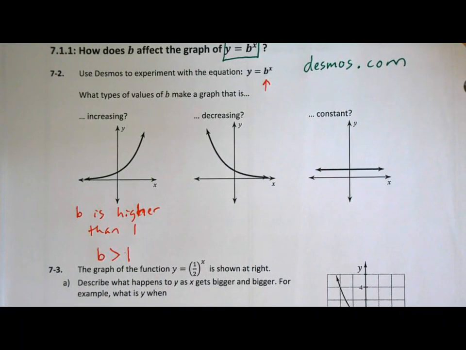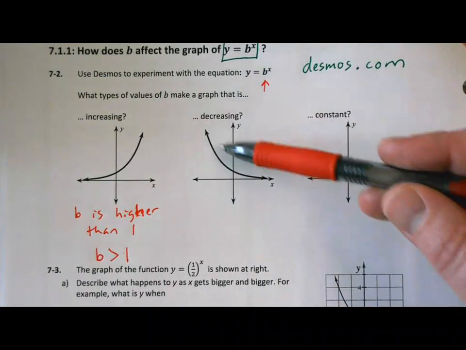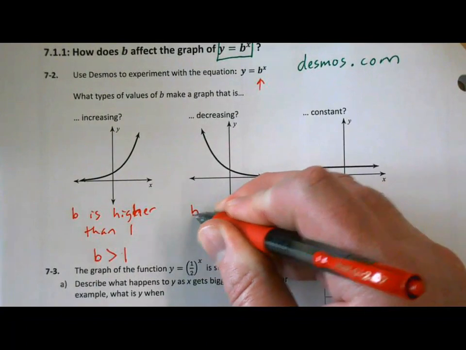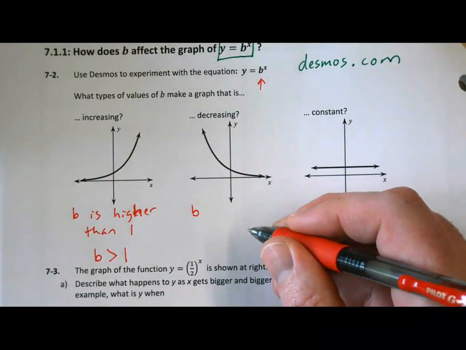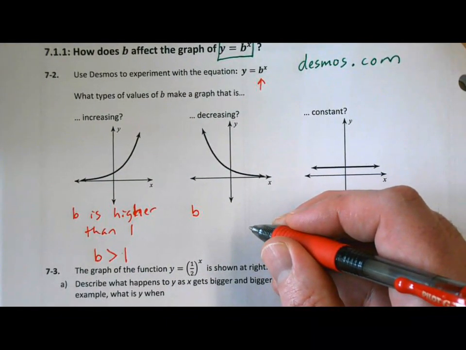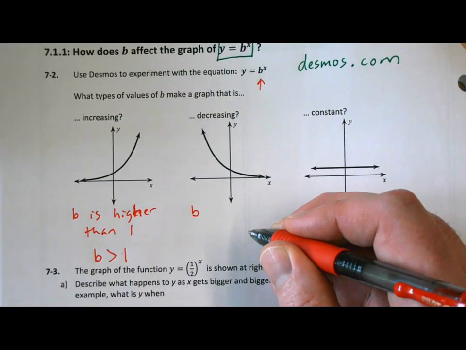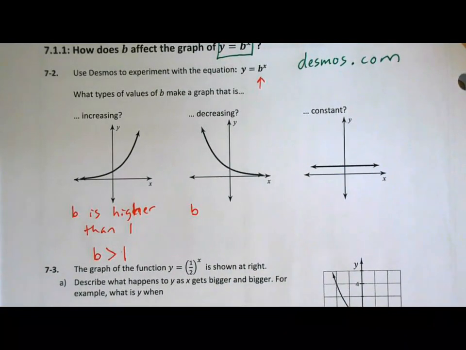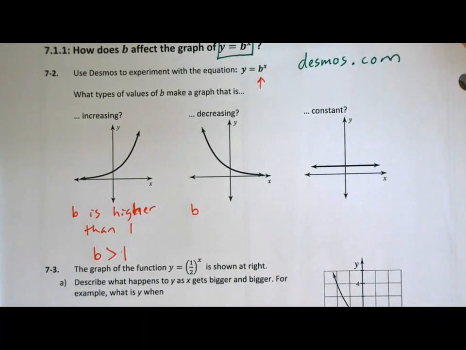And we said if we wanted the graph to be curving downwards like this, what kind of values for b did we want? Lower than 1, but bigger than 0. How else could we write that? Positive decimals. I like that, except I think technically something like 1.5 would still be considered a decimal, because it's got a decimal in it.